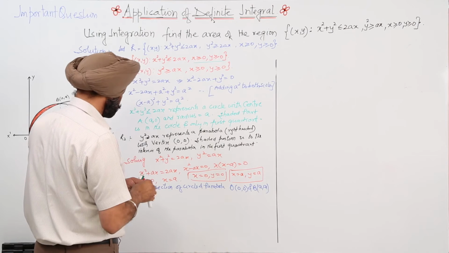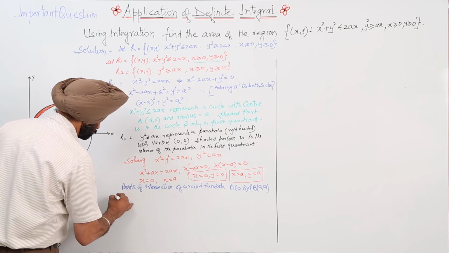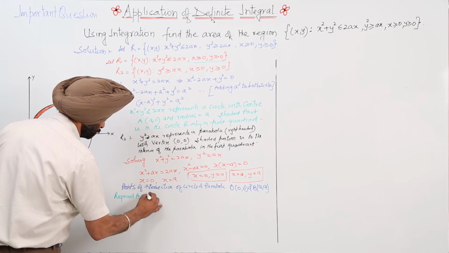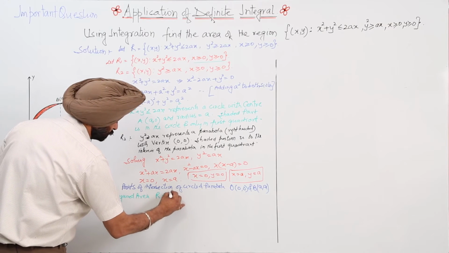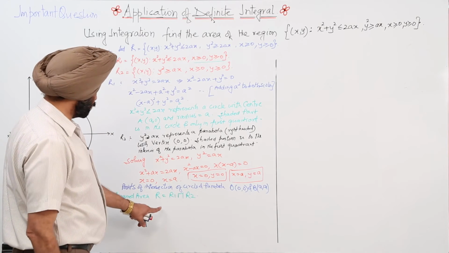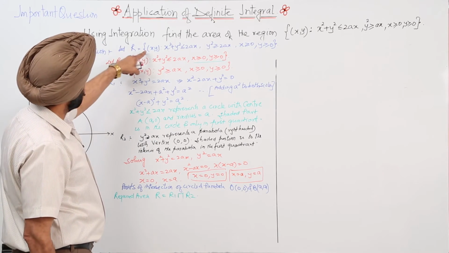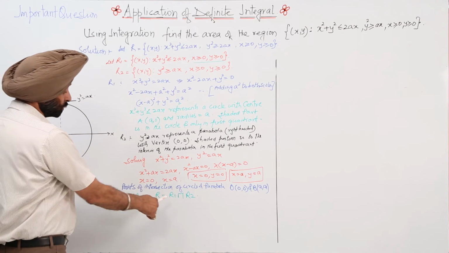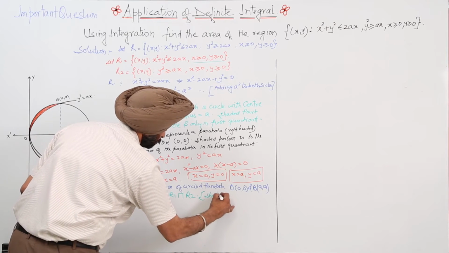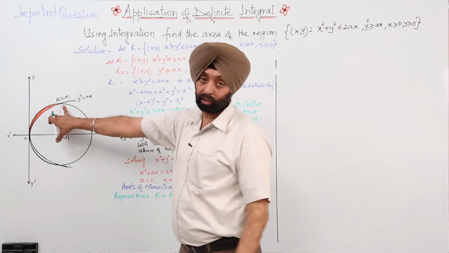Now required area R is equal to R1 intersection R2. Required area is R, which represents the question, R1 and R2. So R1 intersection R2, shaded in red in the question. Here I have shaded in red. Okay.